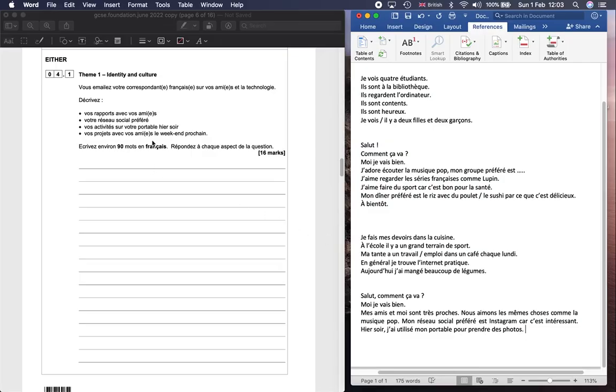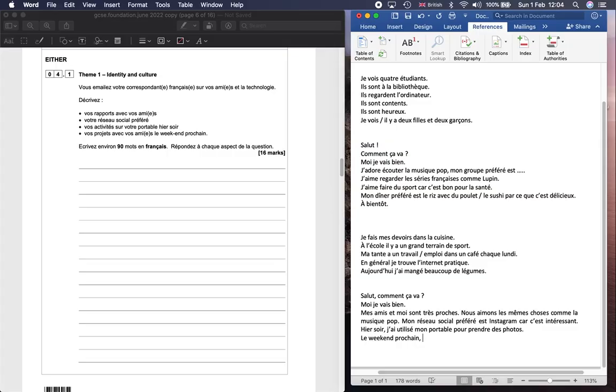Vos projets avec vos amis le week-end prochain. So what we are going to do next weekend with our friends. So we need to start by saying le week-end prochain, which is already given to us in the question. So here they're testing us in terms of talking in the future tense.